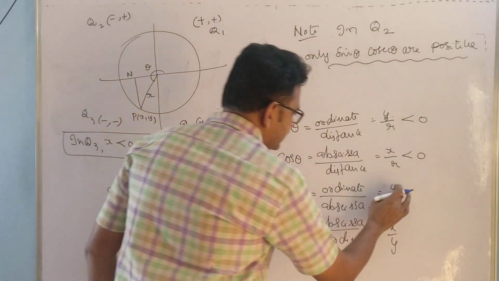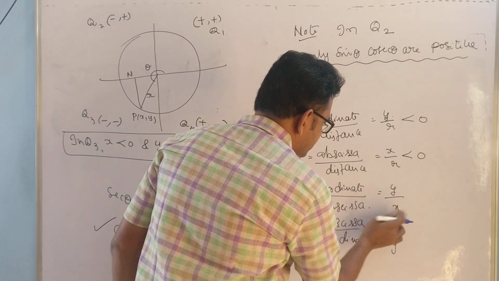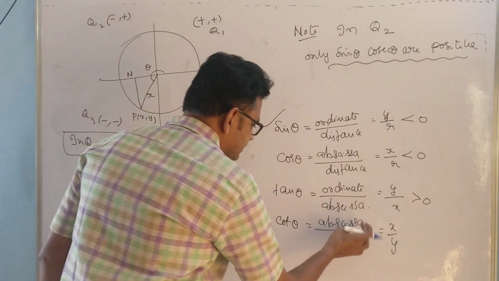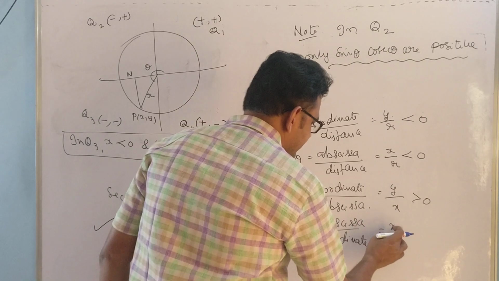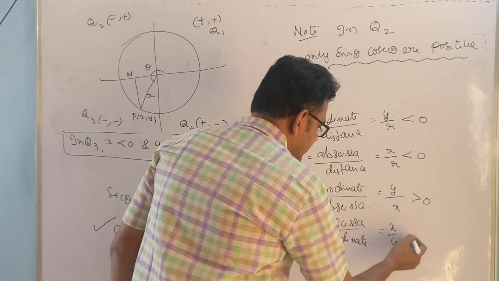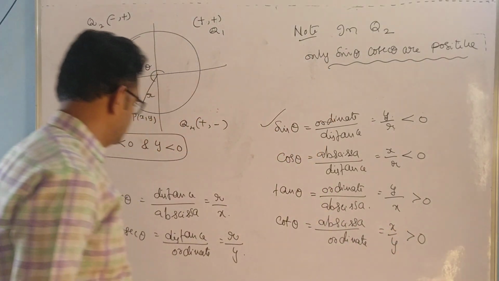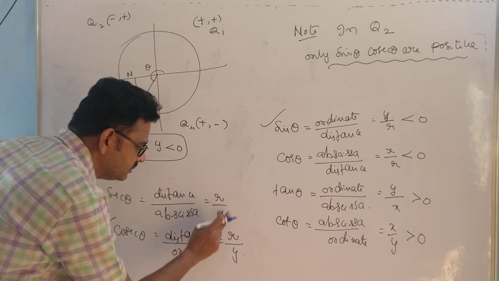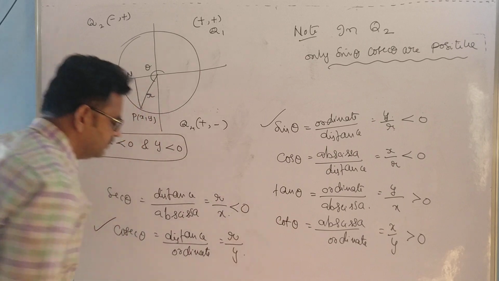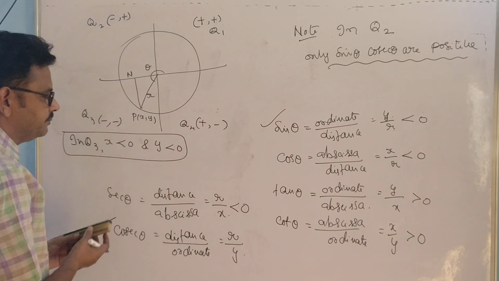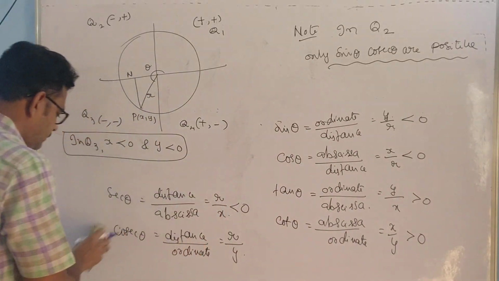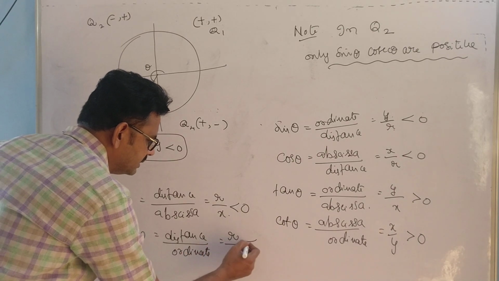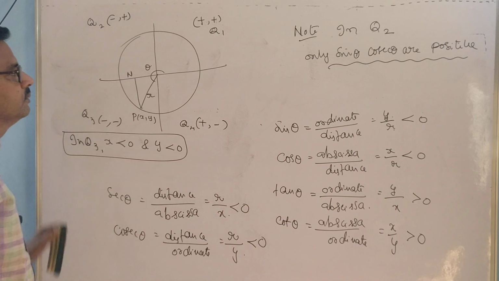Tan theta, y negative, x negative, negative by negative is positive. Cot theta, abscissa by ordinate: x negative, y also negative, negative by negative is positive. Secant theta, r by x, r is positive, x negative, so less than 0. Cosecant theta: r positive, y negative, which is less than 0.